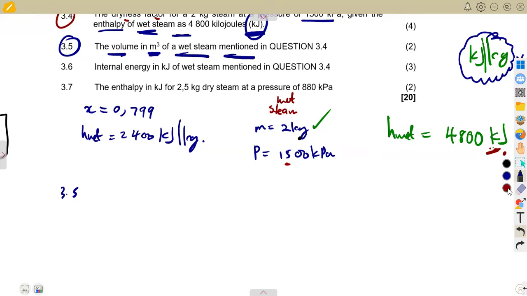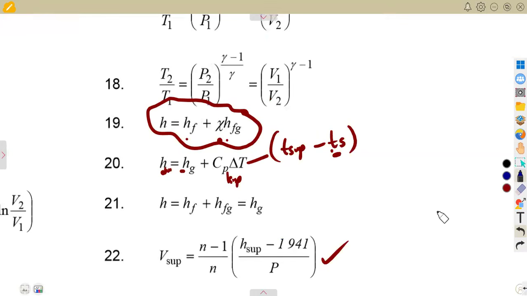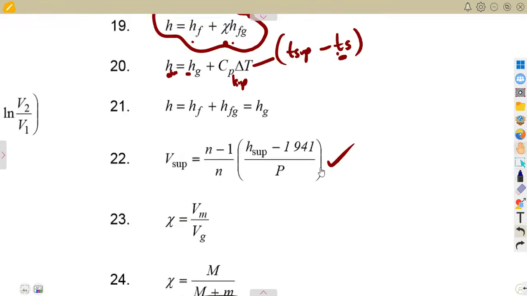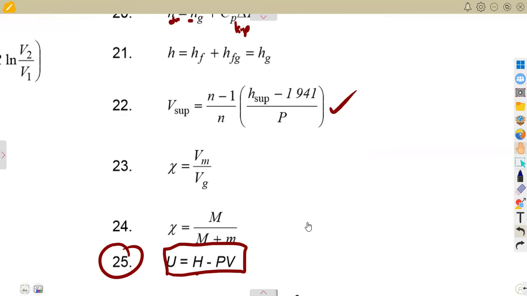All right, so it follows that V wet, we can calculate this. Remember that V wet is the product of the dryness fraction and Vg. I think we have got this formula, but they gave it to us in another way. Let me check.